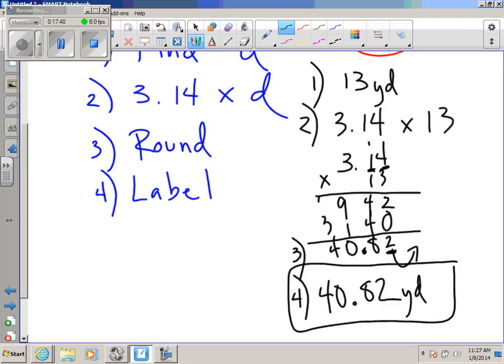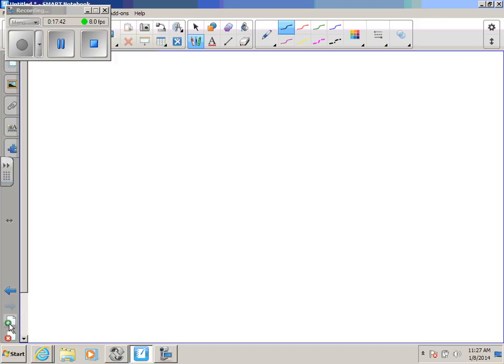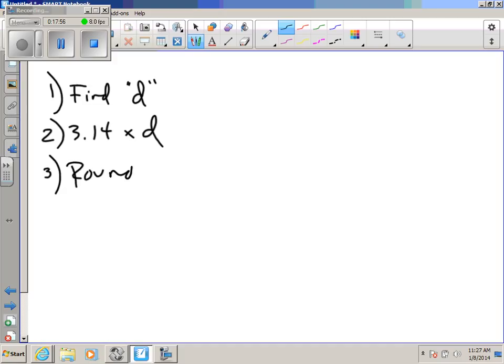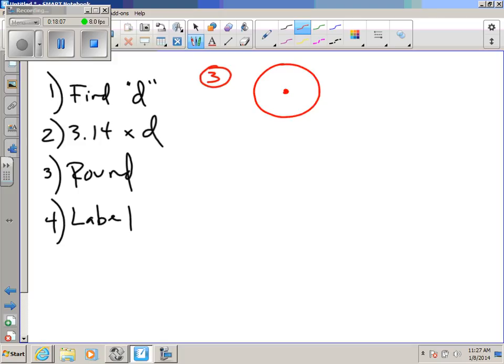Let's take a look at number 3 together. Okay? We've got our steps. Find D. 3.14 times D. 3 says round. 4 says label. So when we look at number 3, we've got this circle and 0.87 feet.